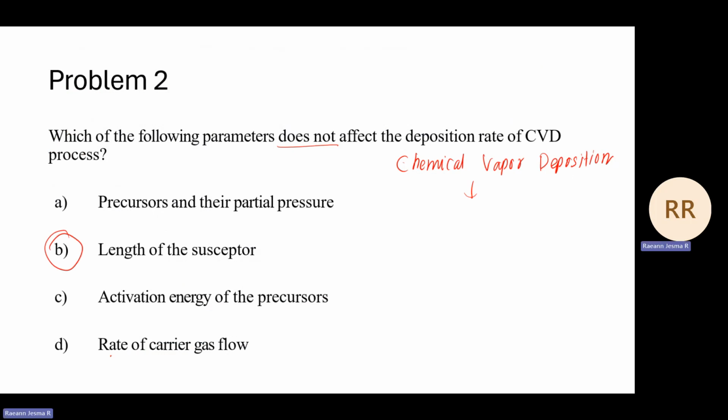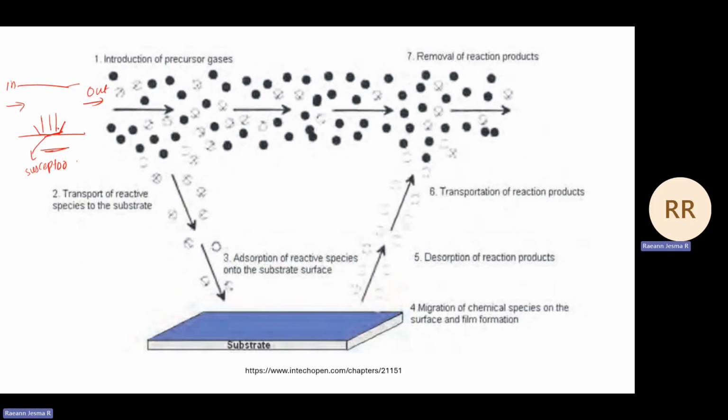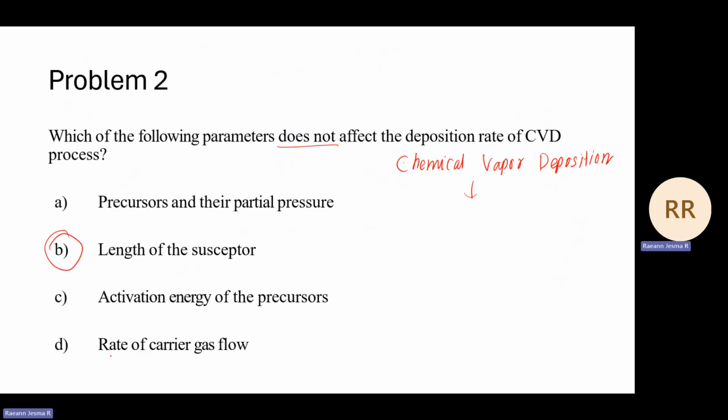One thing is, in the CVD, you can actually control the pressure of the gas. You can also control the temperature in general. You can make sure that the pressure is somewhat uniform so that for a particular length, you can have the proper deposition. So the length of the susceptor will not be a main factor.